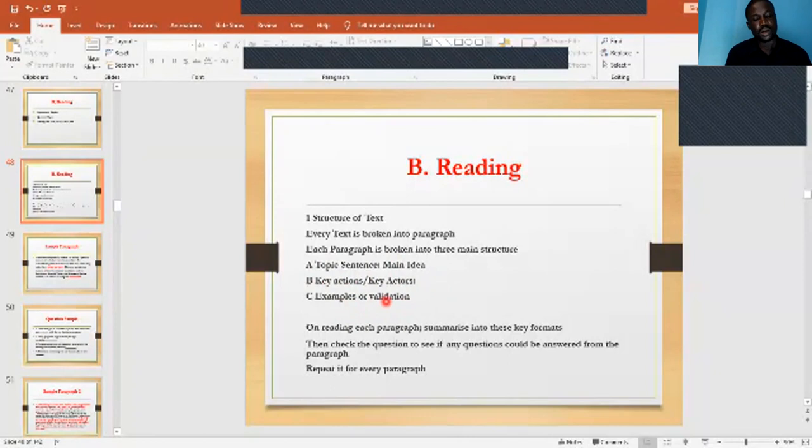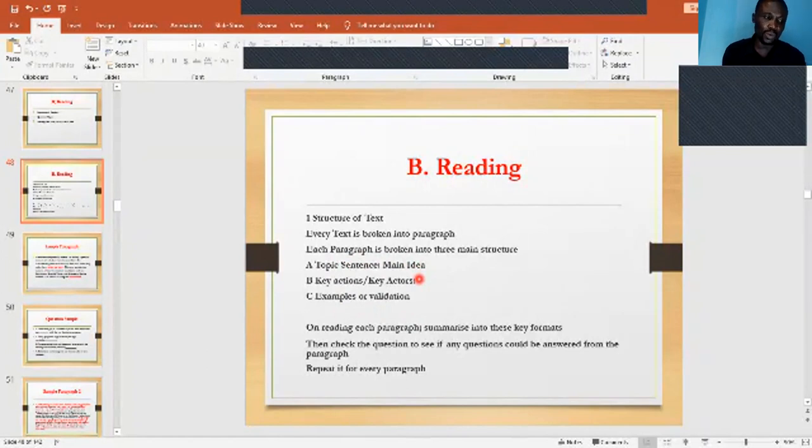Then the next thing you will see possibly is examples or validation. Sometimes the line between key actions or actors and examples of validation is blurred, so you may think that they are the same. The most important things that you need to look for are the main idea. As you are reading, you will say, okay, what is this paragraph all about? What is the main idea? Then what are the key actions that are mentioned?